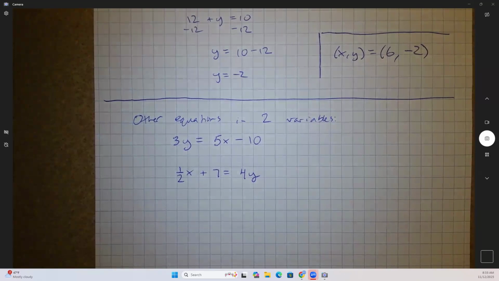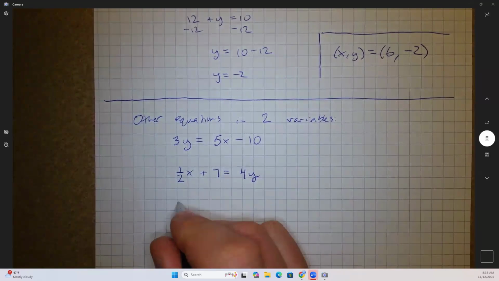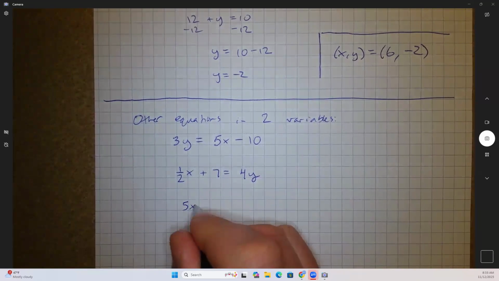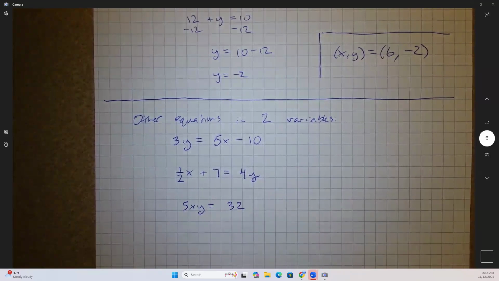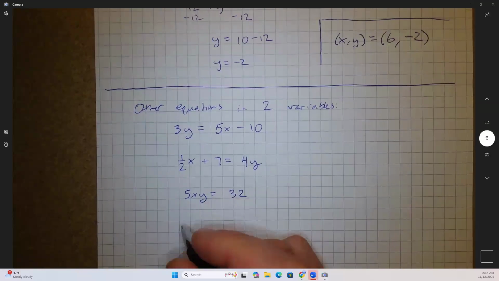But the process is just always going to be the same. You have the x and the y multiplied by each other. You could have something like 5xy equals 32. Still, the process is going to be the same. And you can even have, although in this section we don't, some pretty complicated equations.